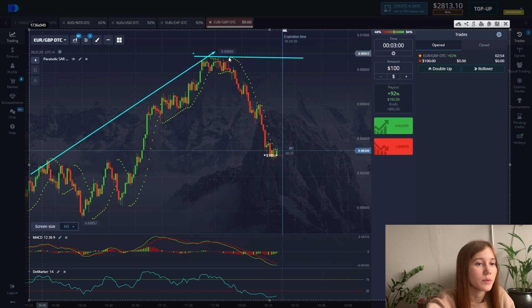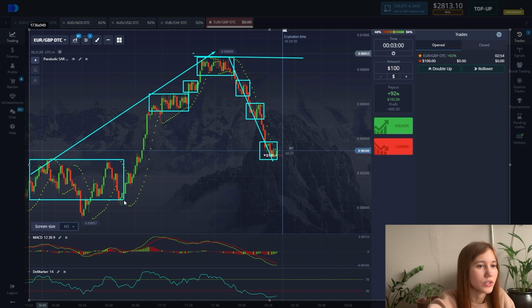And we see that we have a lot of lateral moments because it's OTC and it's okay. Here you can observe a very large rectangle with a sideways movement. The trend is moving in this range. It will likely move further down.